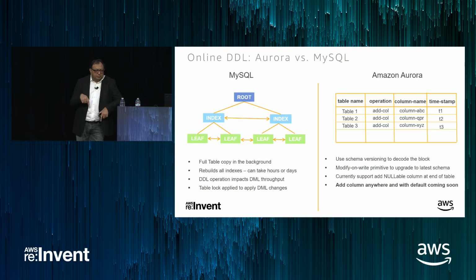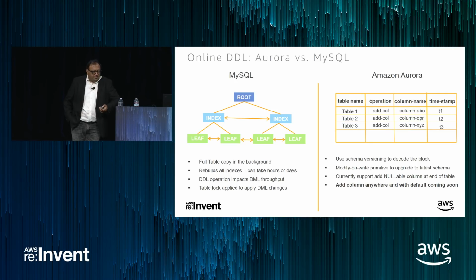Last year, we added support for adding a nullable column at the end of the table. In the next few weeks, we'll add a column anywhere, with or without a default. And so that, I think, should be useful to a lot of people. There are a lot of other DDL operations that we should support. It's gone a little bit slower than I'd have liked, but we'll do it.